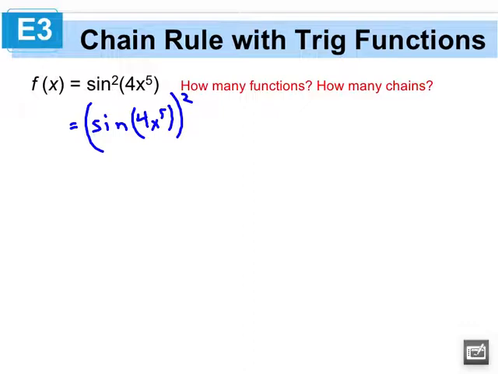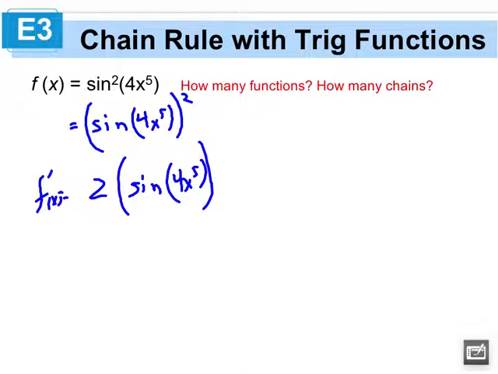3 functions, how many chains? 2. And what function's on the outside? It's easier to see now that I rewrote it. Squared function, right. So we're going to do that one first. F prime of x is equal to 2 times whatever this thing is that we're taking a derivative of, raised to the first power.